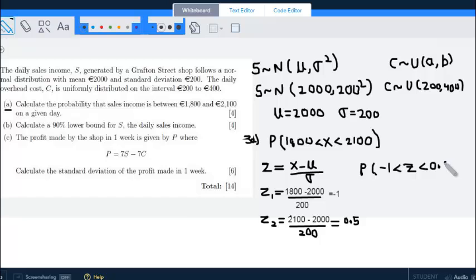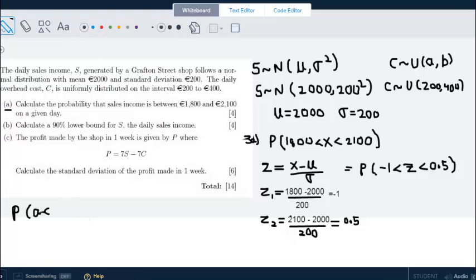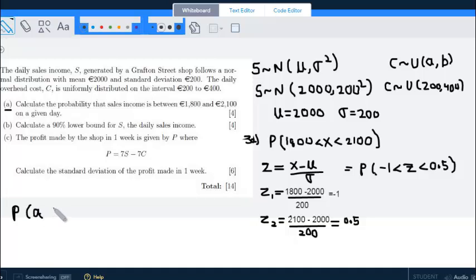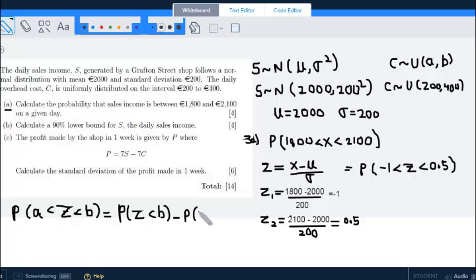We just substituted those values, and whenever this is of this form, probability z ranging from a to b, then this formula is probability z is less than b minus probability z is less than a.